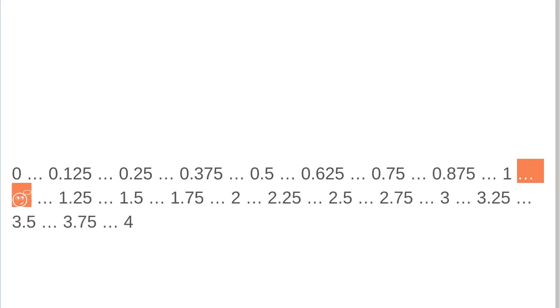Yep, 0.625. What about between 0.75 and 1? 0.875. What about between 1 and 1.25? That would be 1.125. Now notice we had the 0.125 up there, and the one we added after that, after the 0.25, was the 0.375. So in between 1.25 and 1.5, we get 1.375.